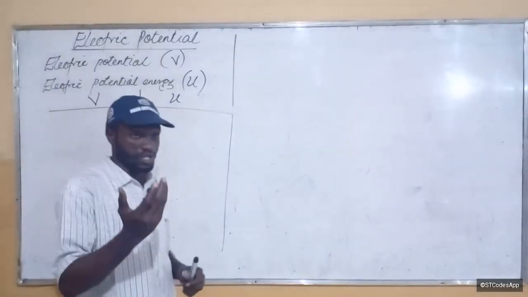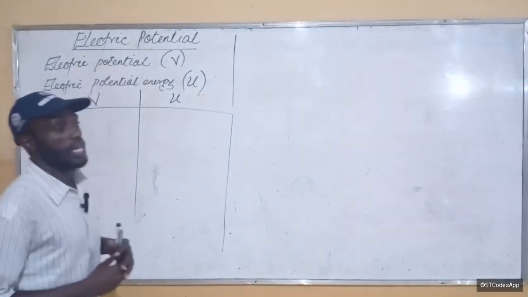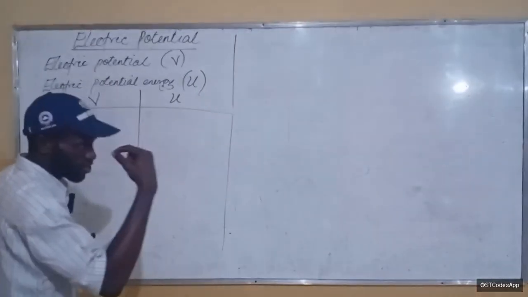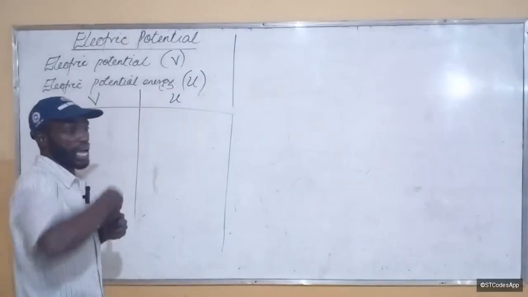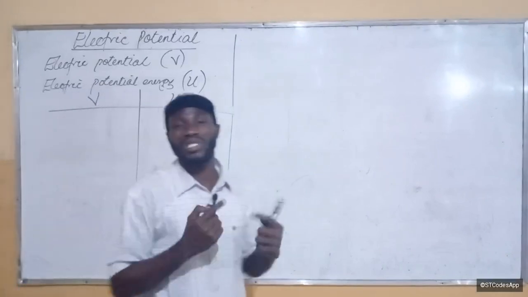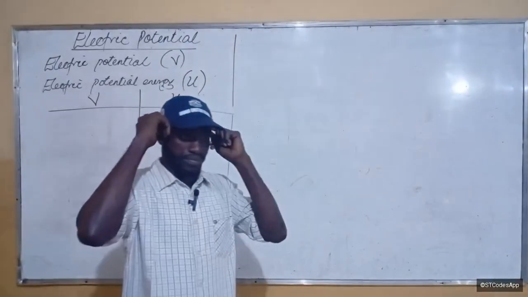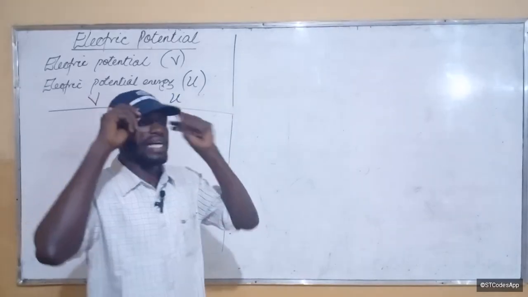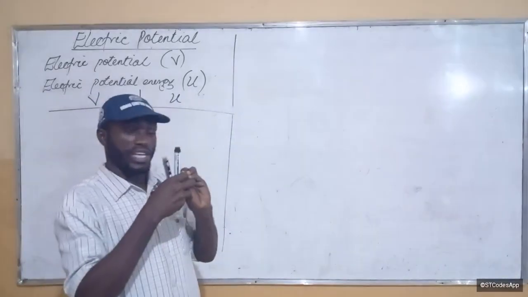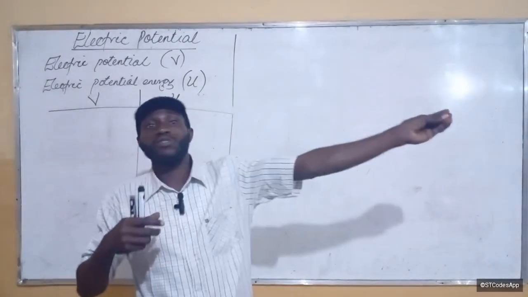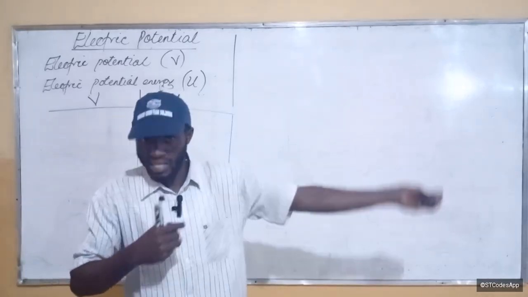By definition, we say that electric potential is the work done per unit charge brought from one particular point to a reference point. Actually, that is electric potential difference. But we'll talk about it as a case where the charge is moving from a point of no potential, the reference point, which will be infinity.